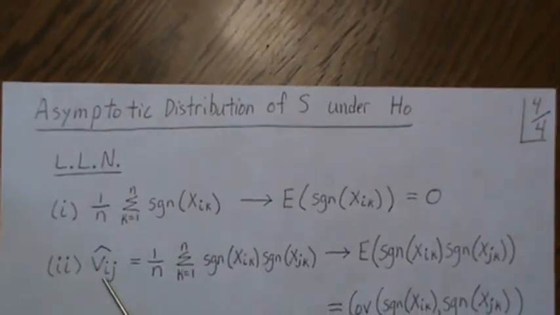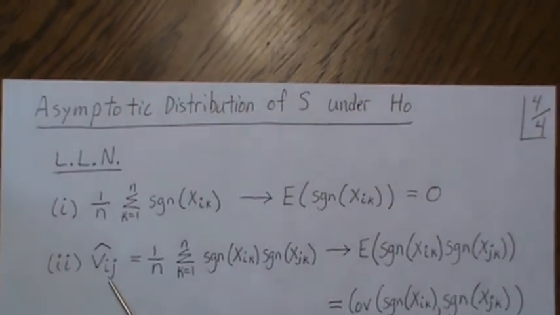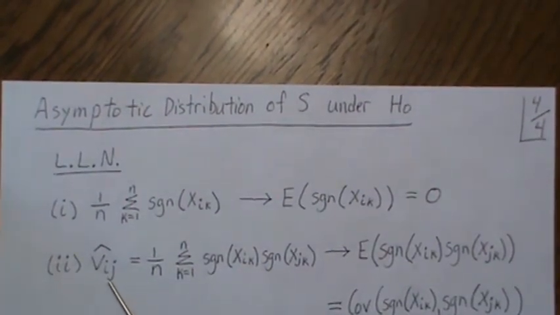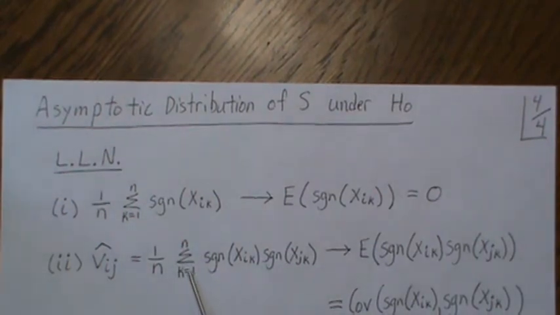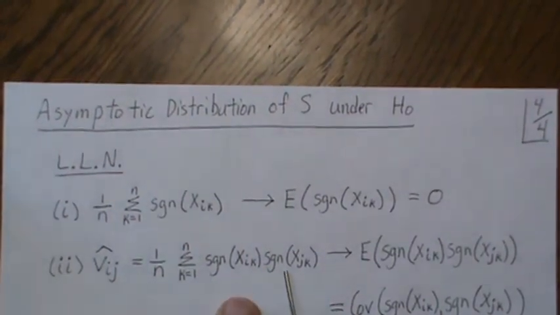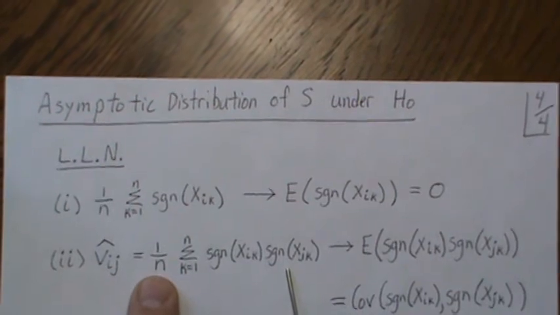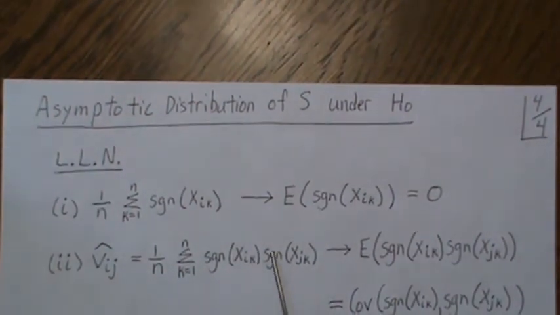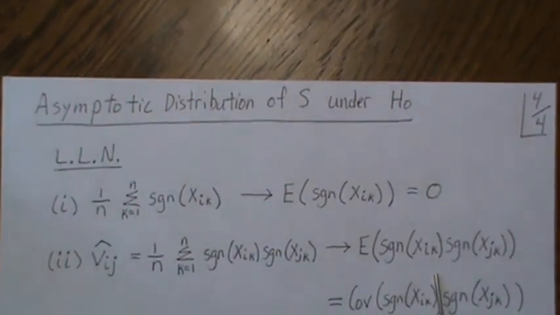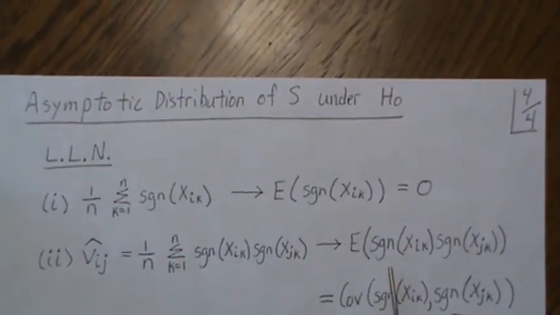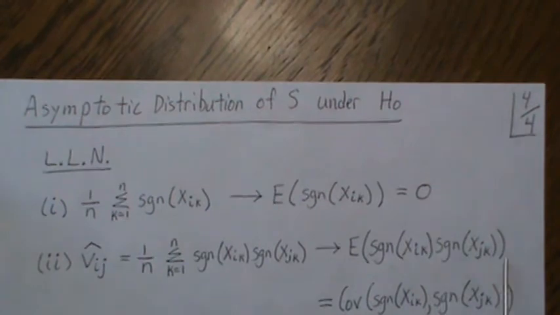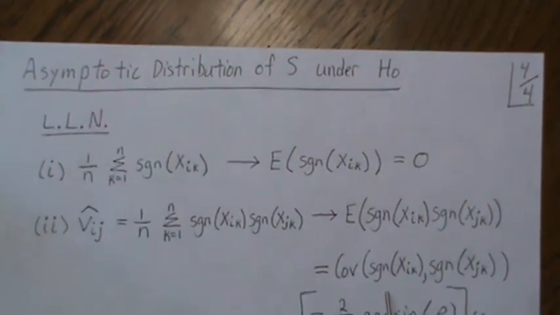Now let's look, and I call this V_ij. So it's an estimate of our variance covariance matrix. So the sum of the sine functions divided by n converges to the expected value of these sines. So remember, since each mean is 0, this product is actually the covariance.